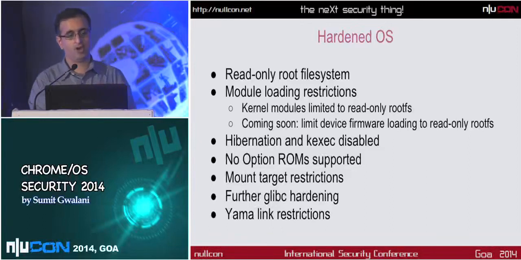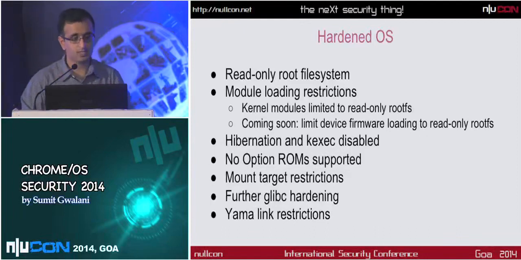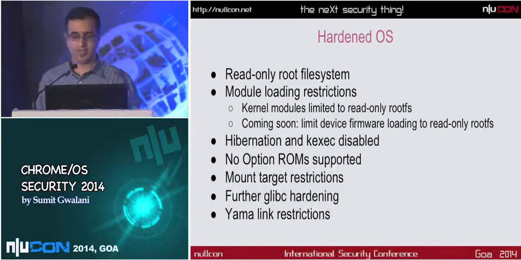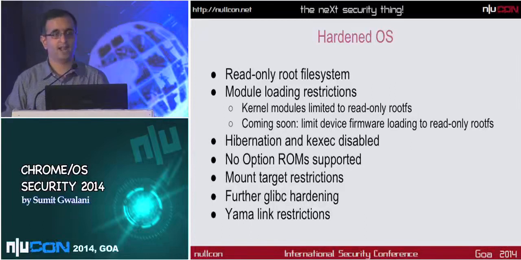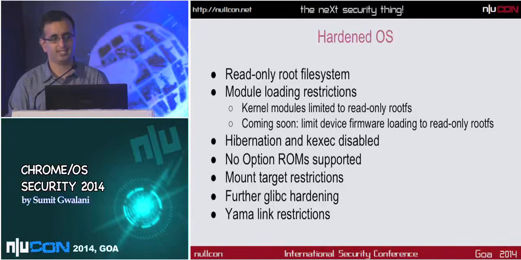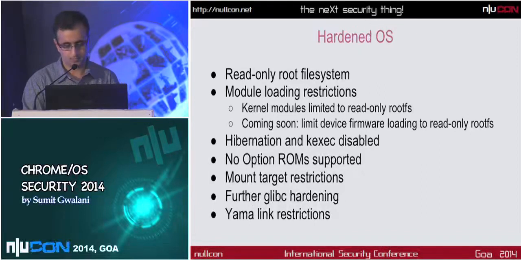This would not have been really useful if the root file system was not read-only. Similarly, you'll have device firmware also limited to that. Our device doesn't really use hibernation, so you can actually disable hibernation and kexec. Disallow option ROMs, add more mount target restrictions, and harden your glibc so that you can basically add more and more layers of protection out there.